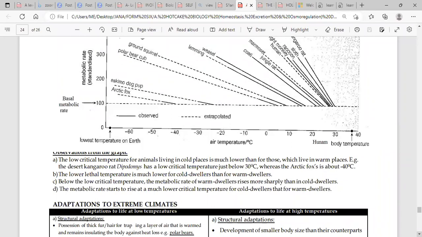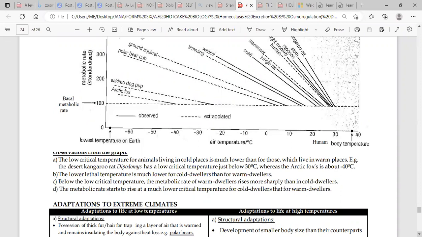Beyond that, you will expect them to face a challenge. The lower lethal temperature is much lower for cold dwellers than for warm dwellers. And below the critical temperature, you will expect the metabolic rate of warm dwellers to rise more sharply than that in cold dwellers.